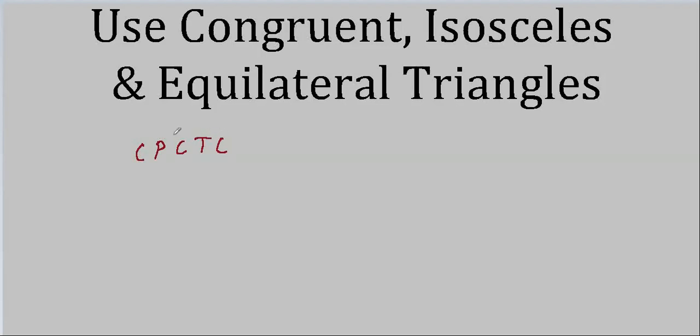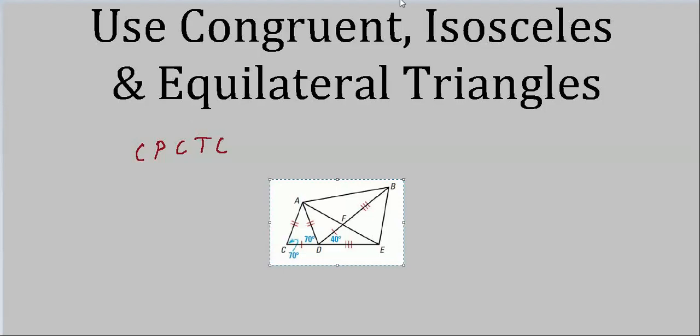Now, we actually use this without just saying it. Well, we sort of said it, but we didn't write it out in this nifty little shorthand. The other day we worked out a problem that required us to show two triangles were congruent, and we showed two other triangles were congruent, and the whole idea was to show that two separate angles were congruent.